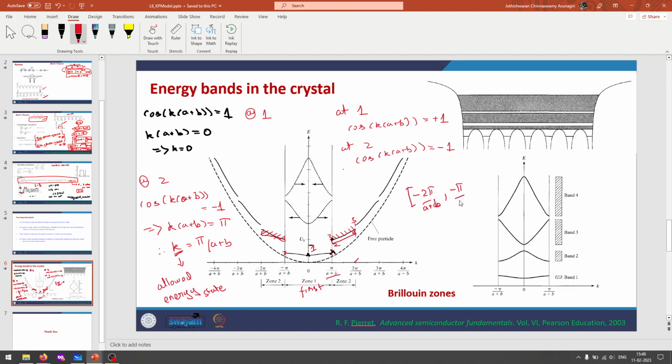So if we are being very mathematically precise, it will be like this, union pi by (a plus b), comma, 2 pi by (a plus b). Oh, sorry, this will be a square bracket. Do you guys know what these different brackets are? Do you know what it means if I put a square bracket on one side and a curly bracket on the other side?